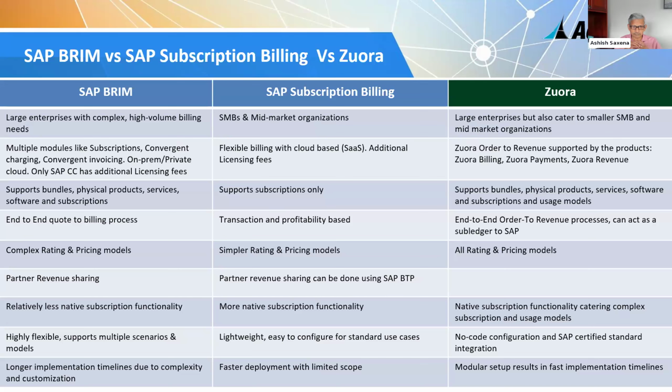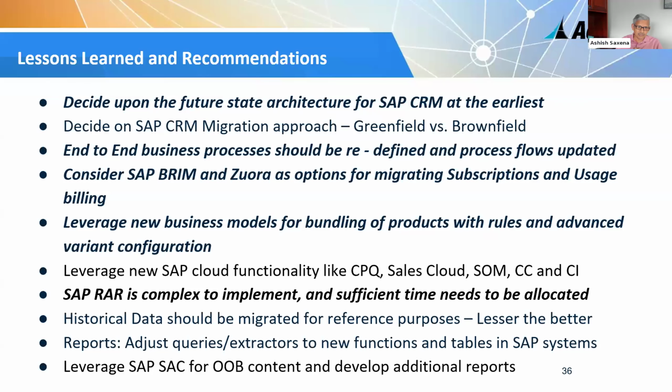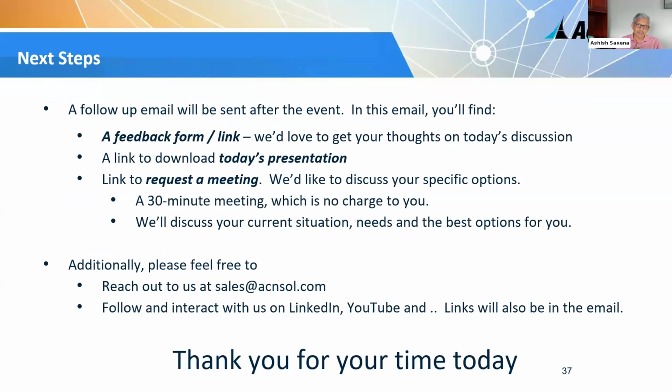Sure. One is, in what scenario would you recommend SAP Subscription Billing or BRIM or vice versa? And how should we evaluate SAP versus Zuora for hybrid subscription models? So for the first question, I already gave you the differences between the two, Subscription Billing versus SAP BRIM.